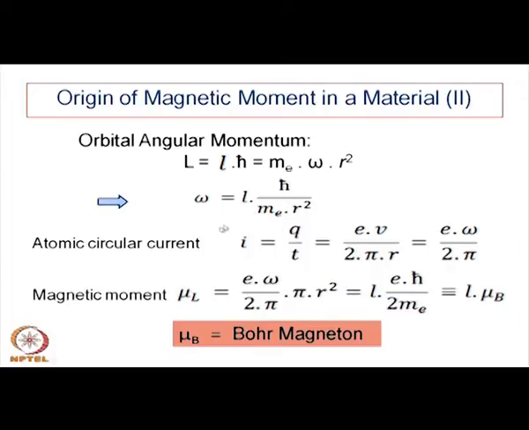current, atomic circular current within an atom, and q is the charge, t is the time. We have an angular velocity here. So, E multiplied by V and then 2 pi r, that is the circular path. So, E omega over 2 pi, E is the electronic charge.